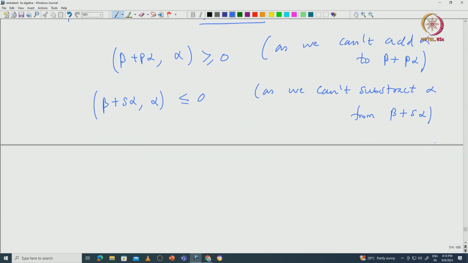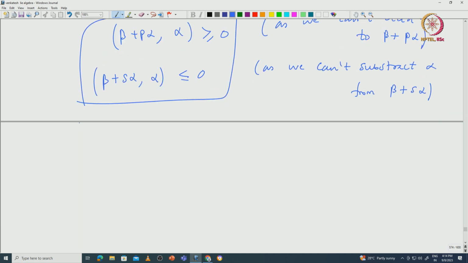So, now you just look at these inequalities and rewrite them. Then we can easily conclude that this has to be less than or equal to P times the inner product of alpha with alpha. This is what the first inequality says. The second inequality says this should be at least S times the inner product of alpha with alpha.